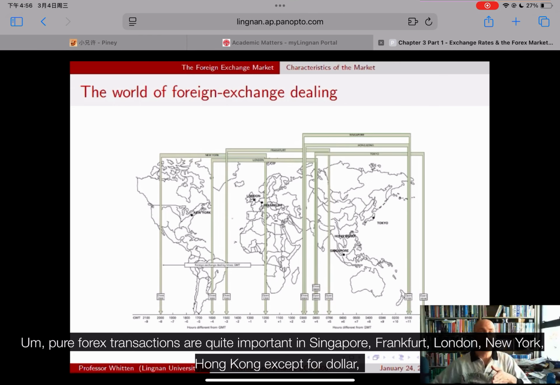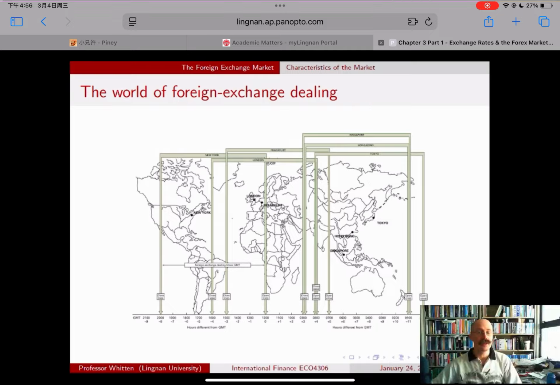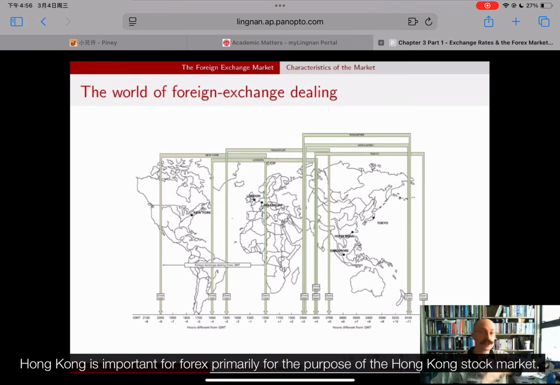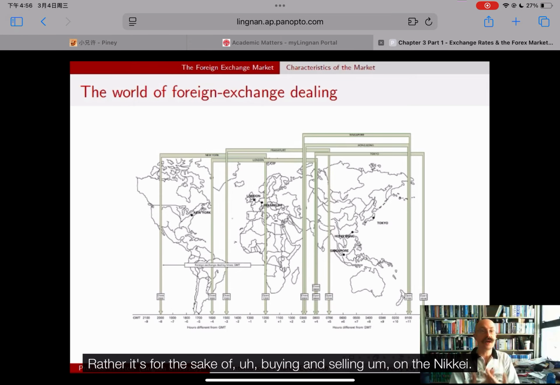Hong Kong, except for Hong Kong dollar trade and to some extent renminbi trade, is not so important just for Forex. Hong Kong is important for Forex primarily for the purpose of the Hong Kong stock market. Similar with Tokyo, there is not a lot of Forex for the sake of Forex trading there. Rather, it's for the sake of buying and selling on the Nikkei.